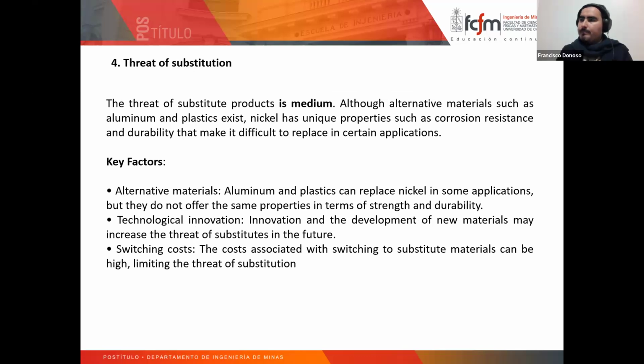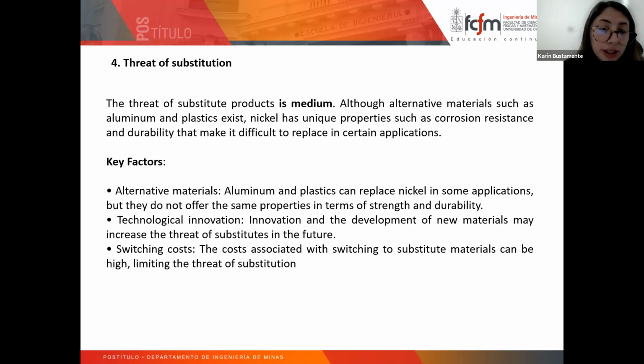Next slide, please. Okay, another force is threat of substitution. The threat of substitute products is medium. Although alternative materials such as aluminum and plastic exist, nickel has unique properties such as corrosion resistance and durability that make it difficult to replace in certain applications.